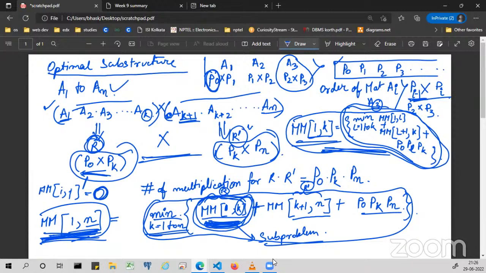I just applied the same logic, which I'm applying on the bigger problem. This is the same formula, right? So that's what optimal substructure means.